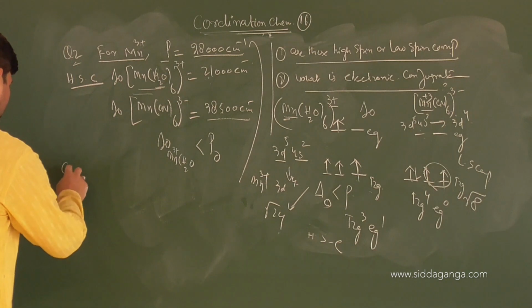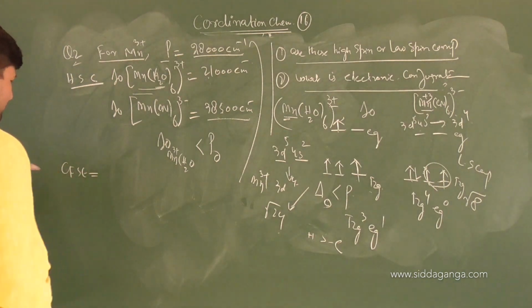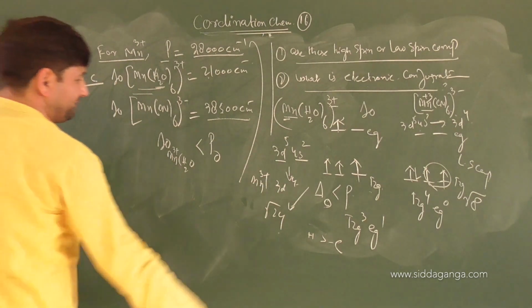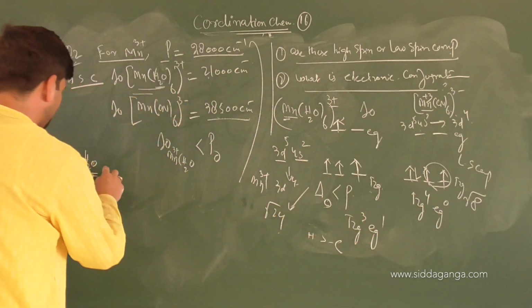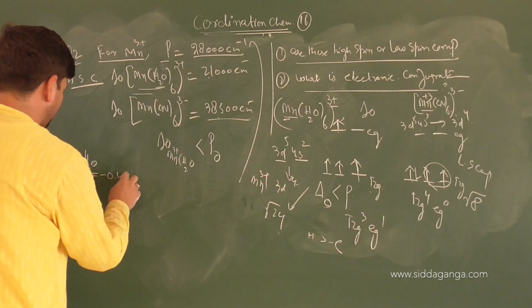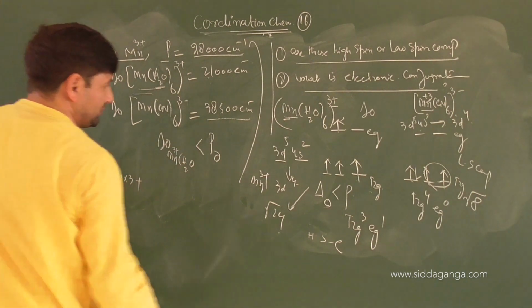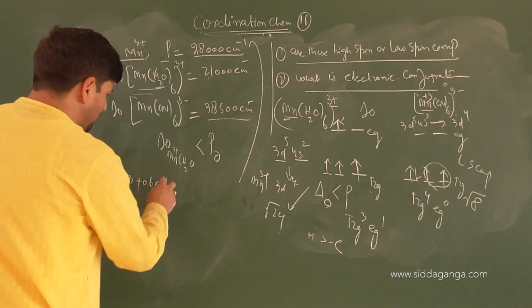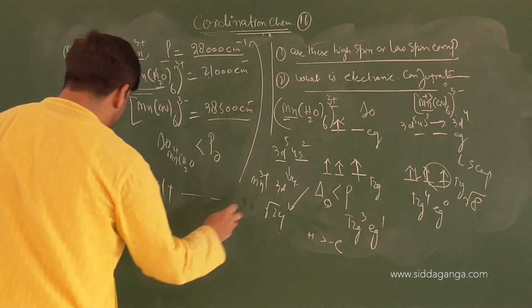One more thing, if you want to calculate CFSE, then the CFSE for water as a ligand, with t2g3 eg1, will be minus 0.4 into 3 plus 0.6 into 1, and no concept of pairing comes into play.